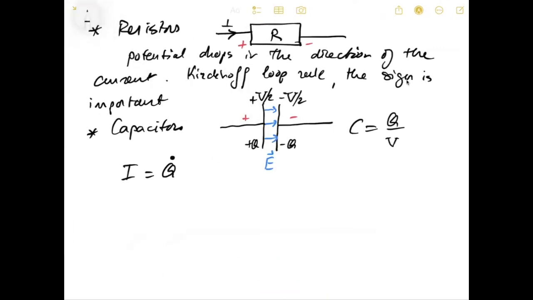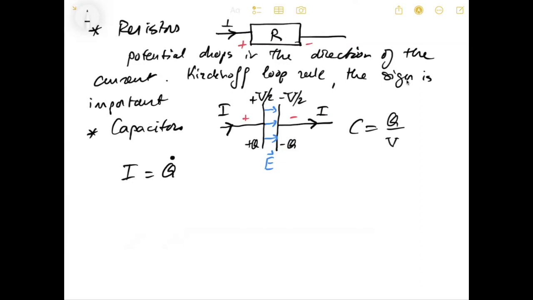That means that the current goes in this direction. The current flows into the capacitor and then out of the capacitor on the other side. That means that the positive charges are coming onto that left plate, and that charge is increasing.